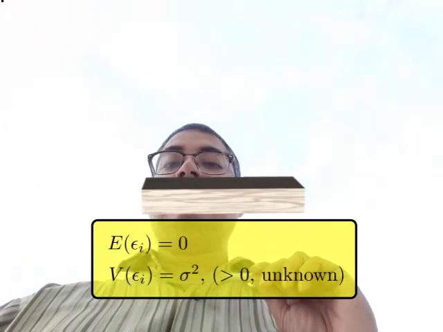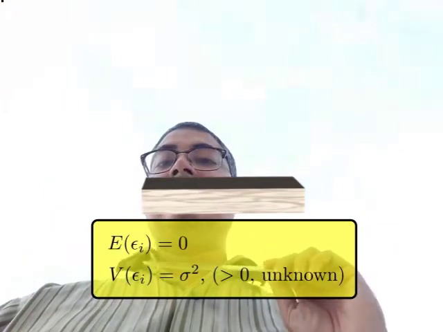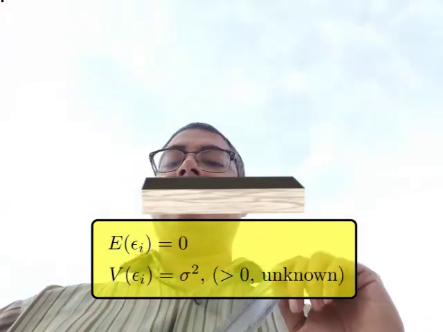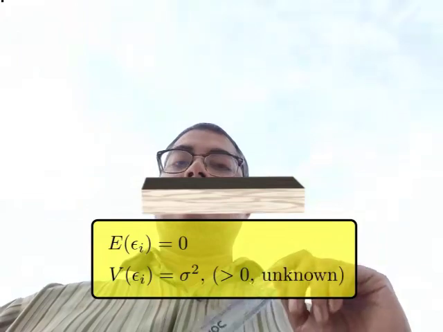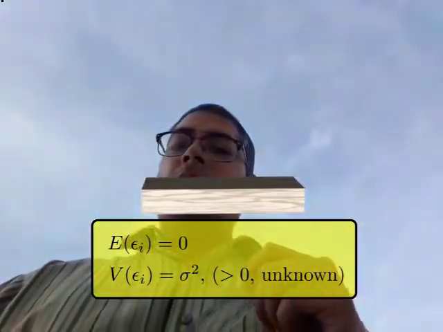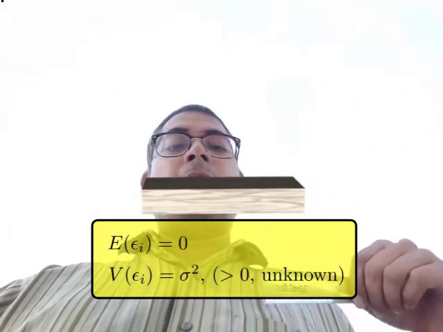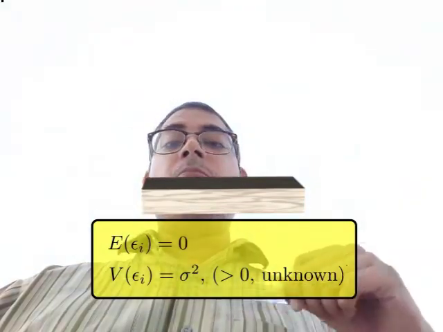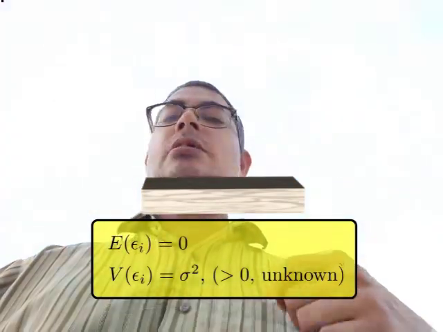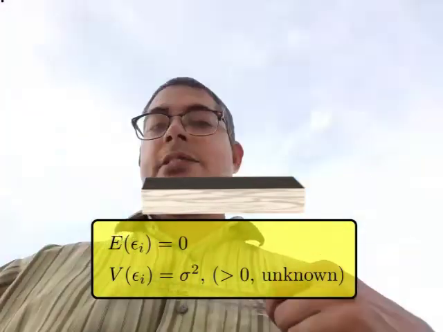Statistically, that means I am assuming variance of epsilon i's are all the same. I do not know what that variance is, some sigma square positive number. Of course, if sigma square is equal to 0, that means I am just in a precise measurement setup. That is not feasible in practice. So I am allowing that the sigma square is unknown, but they all have the same sigma square. This is referred to as the homoscedastic setup.